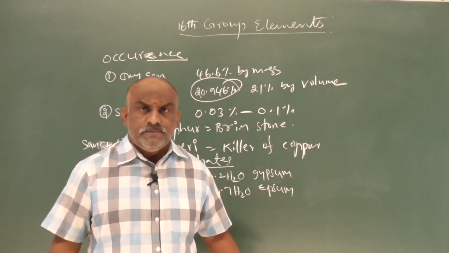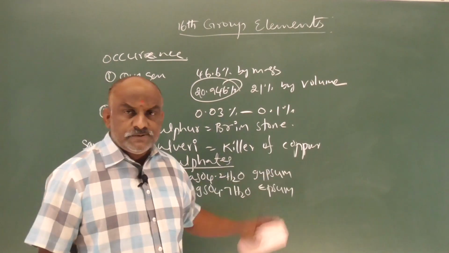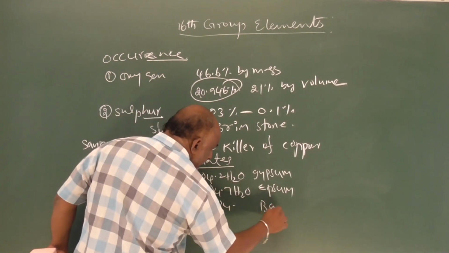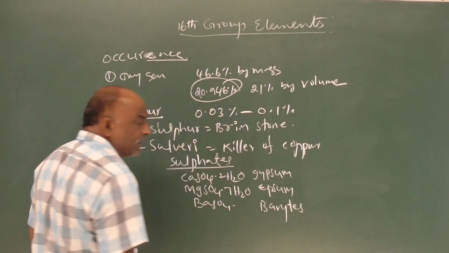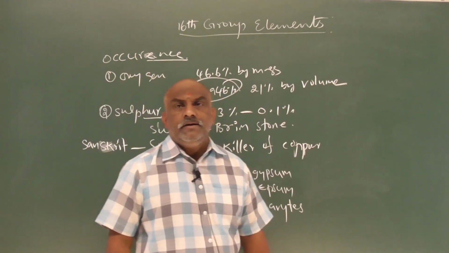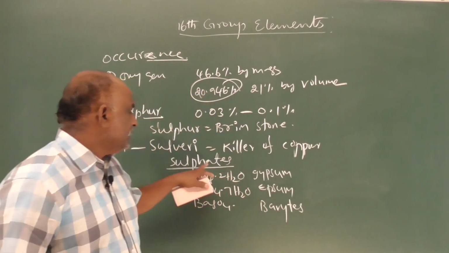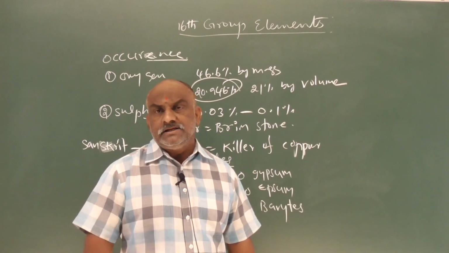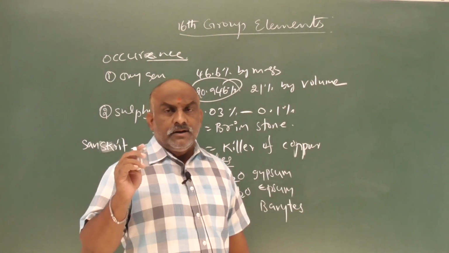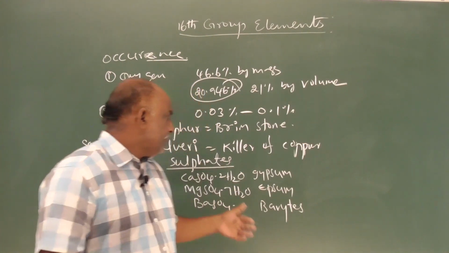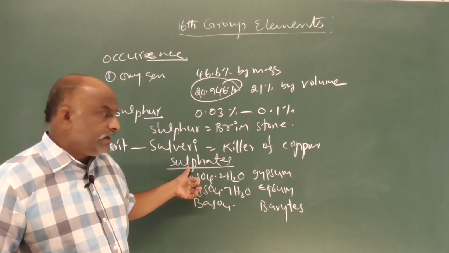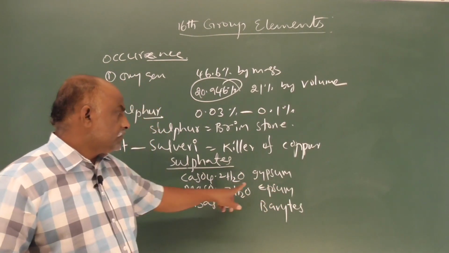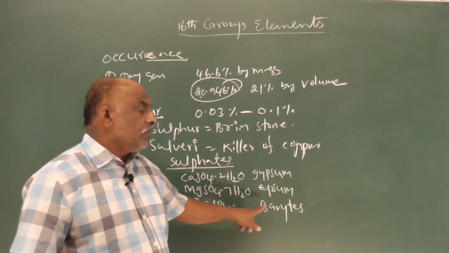BaSO4 is barite. These are sulfates. Sulfur in elementary form is 0.03% to 0.1% in the earth crust. In combined form, it is available as sulfates: CaSO4 2H2O gypsum, MgSO4 7H2O Epsom, BaSO4 barytes.